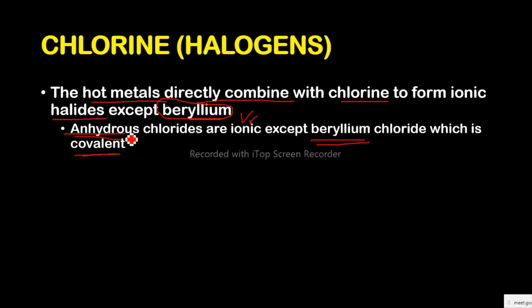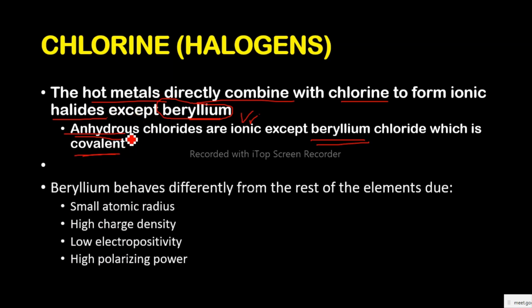And anyway, let's talk about it. Why beryllium? It is simple. It behaves differently because it has a small atomic radius and so a very high charge density compared to other members in that group. And so if it has a high charge density, then how about its polarizing power? It is going to be so high.